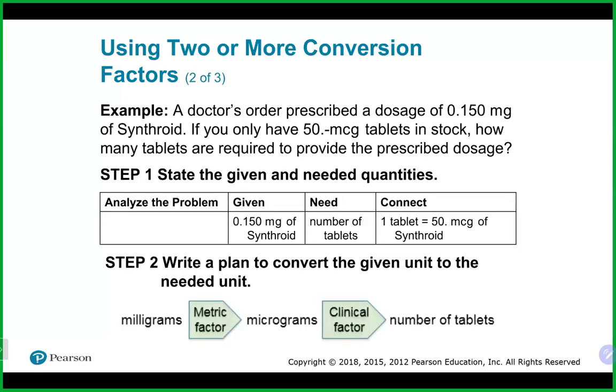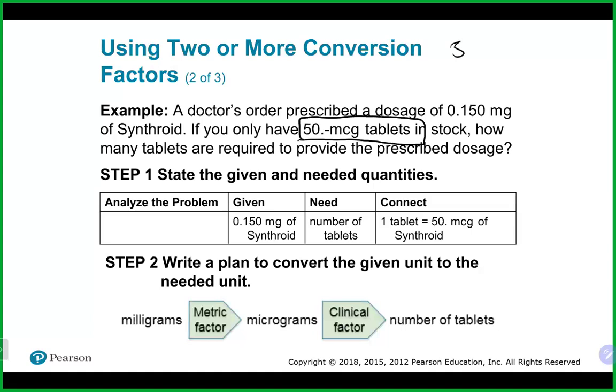So a doctor orders a prescribed dose of 0.15 milligrams. If you have it in 50 microgram tablets, how many tablets would you need? So again, in this particular case, we actually have a conversion given to us, which is this part.